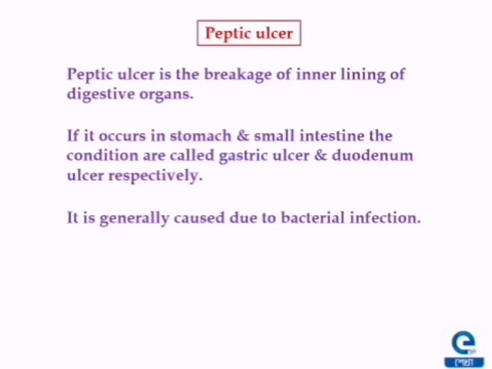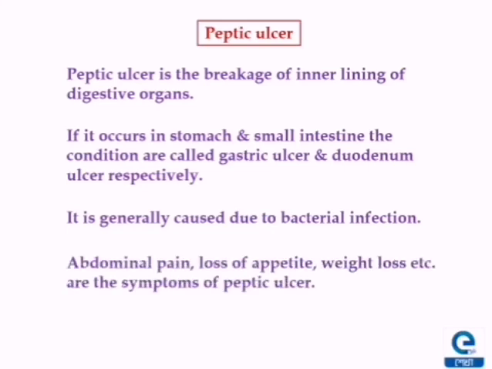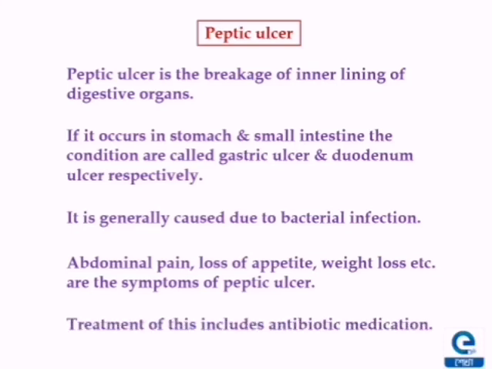It is generally caused due to bacterial infection, and the bacterium responsible for this condition is Helicobacter pylori. Abdominal pain, loss of appetite, and weight loss are some of the symptoms of peptic ulcer, and peptic ulcer can be treated by antibiotic medication.